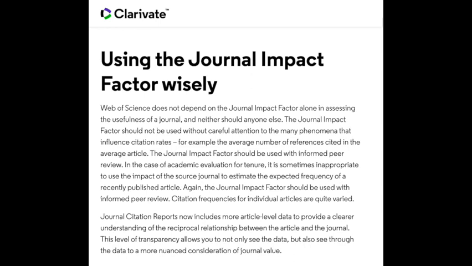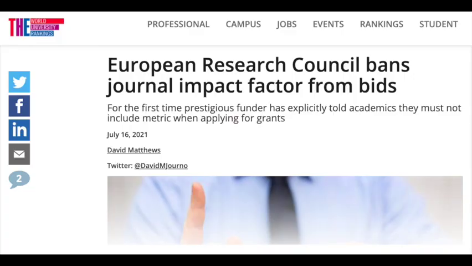And then if we go to Clarivate Analytics itself and we look at their website, they have a paragraph here called Using the Journal Impact Factor Wisely. In that paragraph, they tell you the journal impact factor should be used with informed peer review. And then the European Research Council has banned the journal impact factor from bids. Some organizations are taking it seriously and not being lazy and using the journal impact factor as the be-all, end-all number to make evaluations.